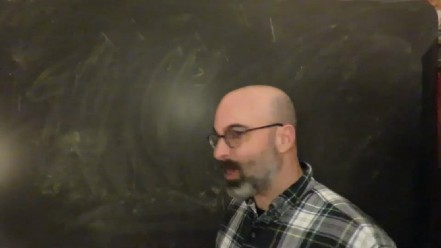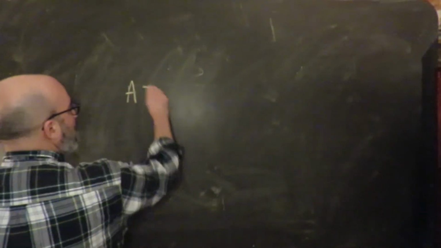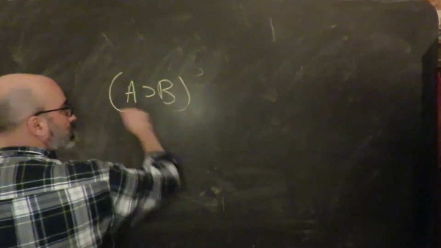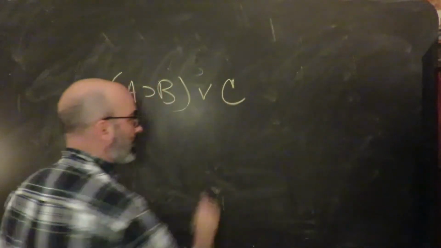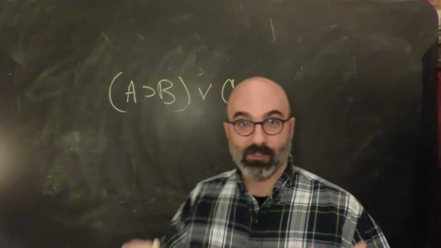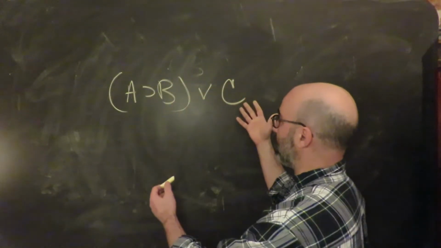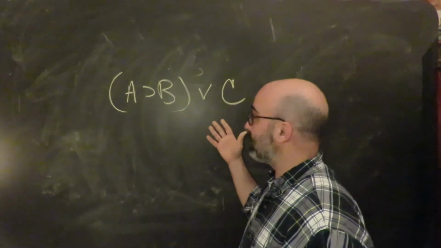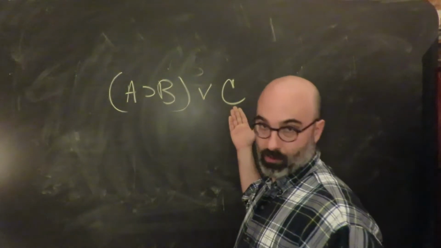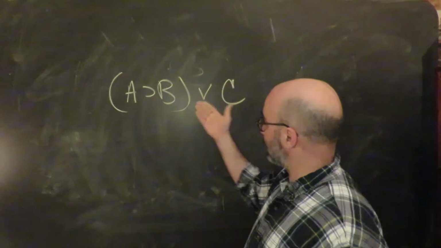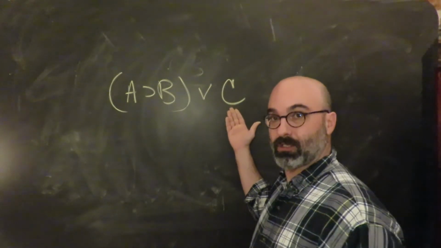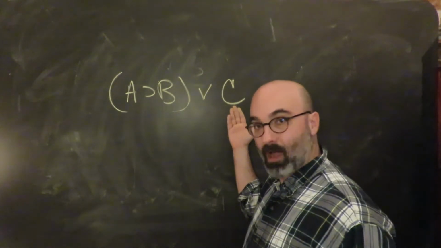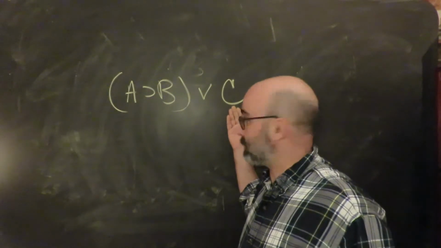So let's look at a couple examples. Let's imagine that I've got the following. That is, on the one hand, this is a truth functionally complex proposition. Notice, by the way, that one of its components is a simple proposition or an atomic proposition. This is a disjunction. This disjunct is C. That's a non-complex atomic proposition.